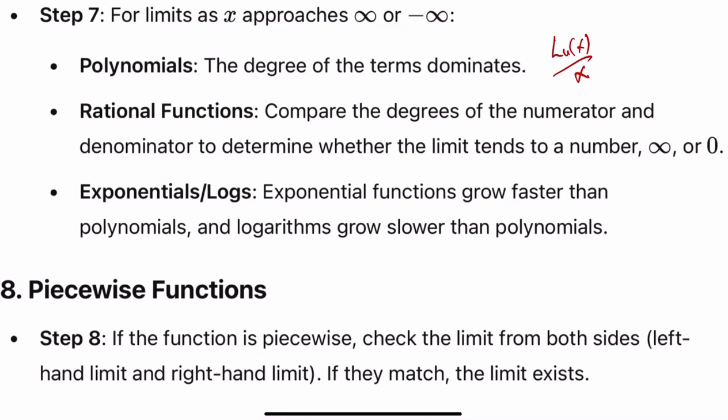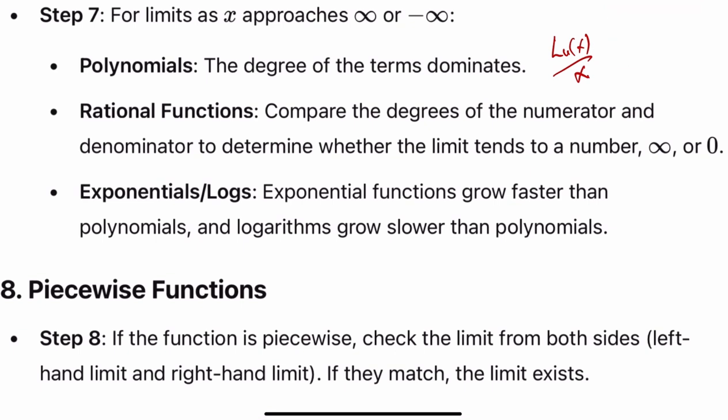So this also increases slower than this. So the denominator x grows faster, causing the entire function to approach 0 when x goes to infinity. Because this is dominant above this, you have the limit of something over infinity, which will give you 0.